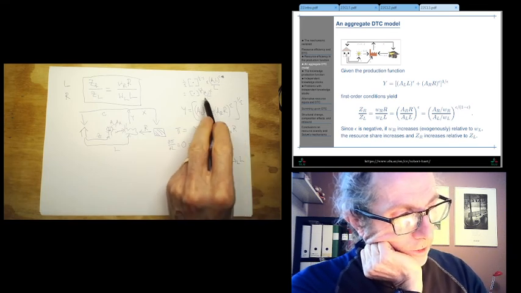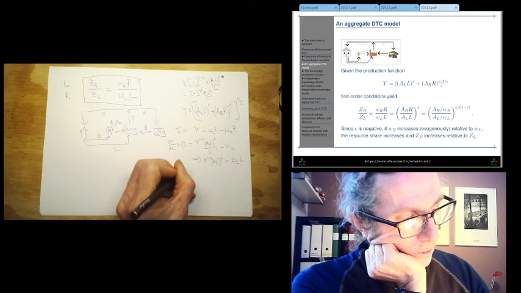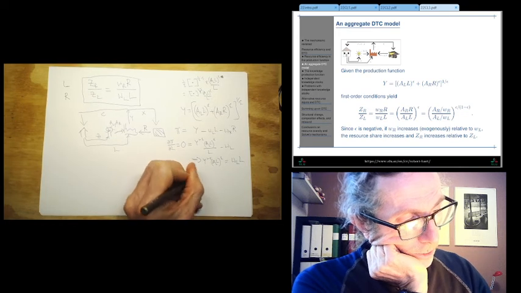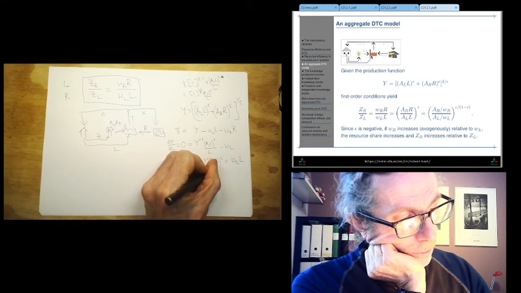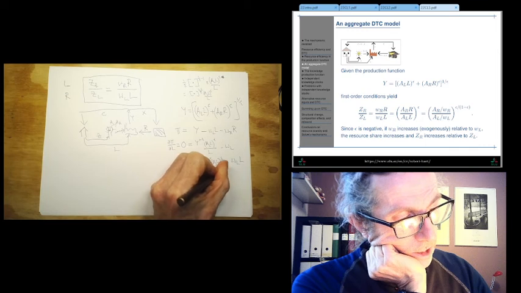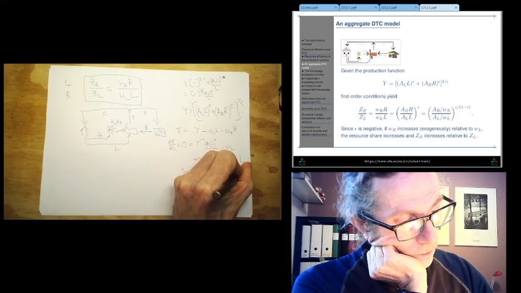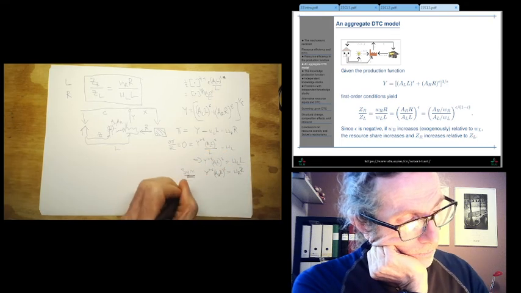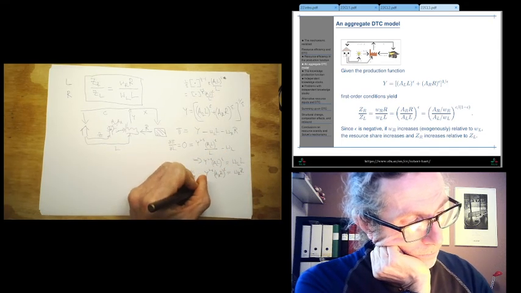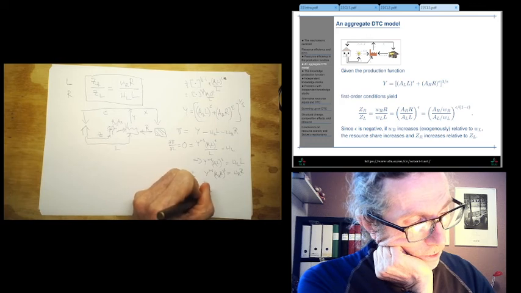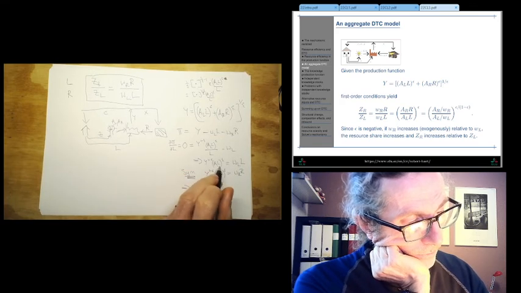And there's a lot of symmetry here, so by symmetry we can say straight away that y to the 1 minus epsilon ARR to the epsilon is WRR, and therefore WRR over WLL is this over this.